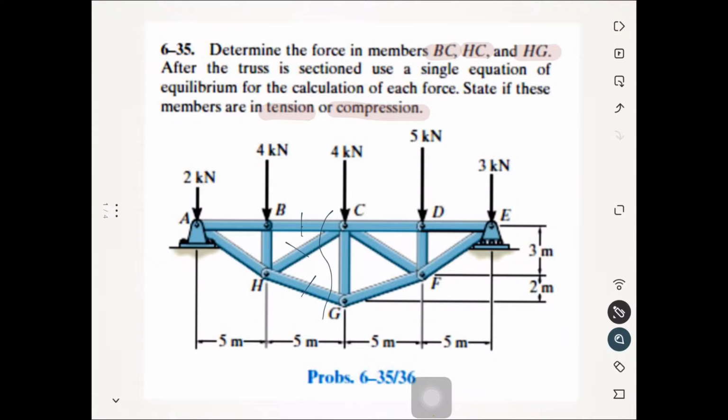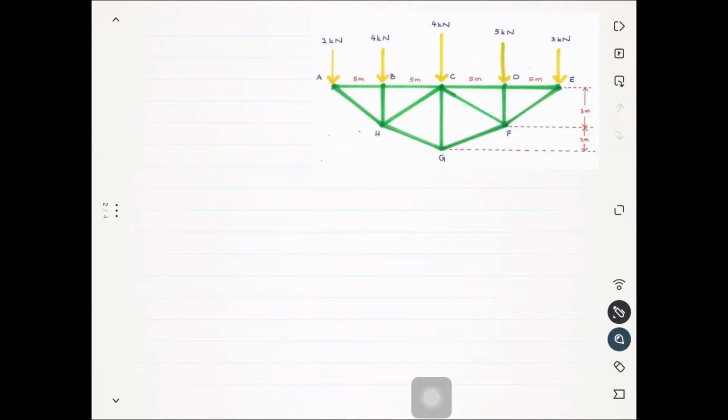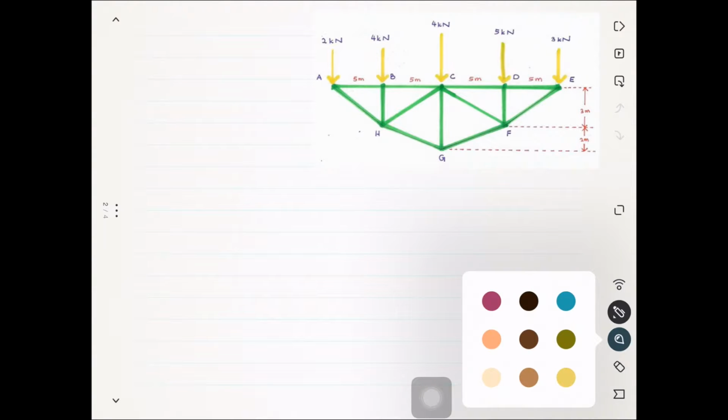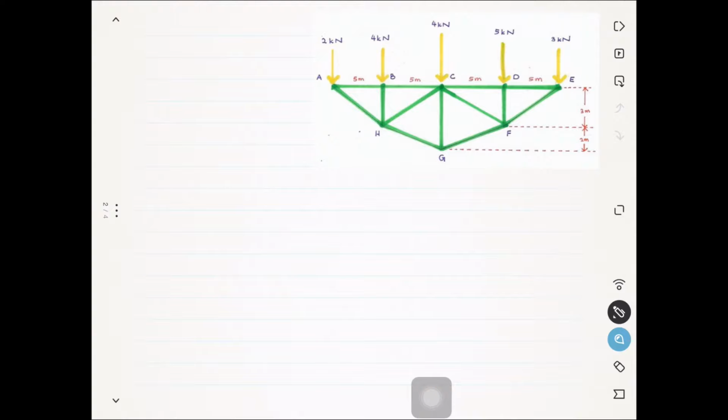Before we proceed to the calculation, let's draw the FBD. So here is the FBD. At the FBD, there is a force at point A, which is Ay and Ax.